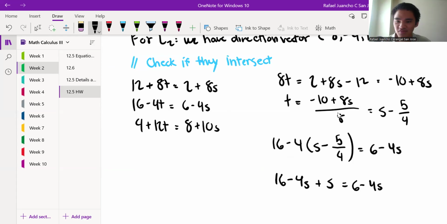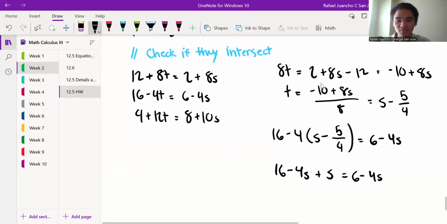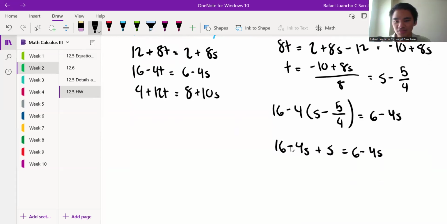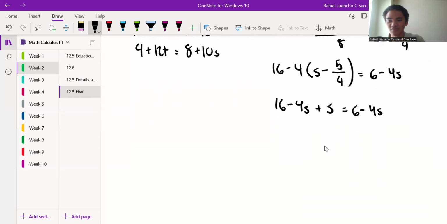So this is s minus 5 over 4. Huh. I don't get an s here. So that's funny. Okay, and then we get 16 minus 4s plus 5. But then I got like what? 21 equals 6, which definitely doesn't work.